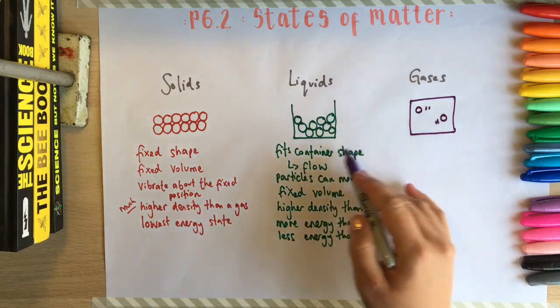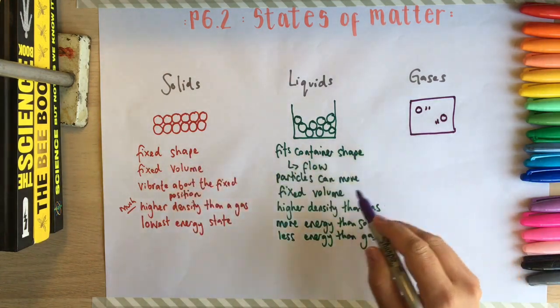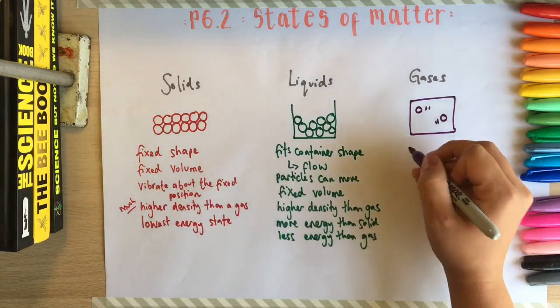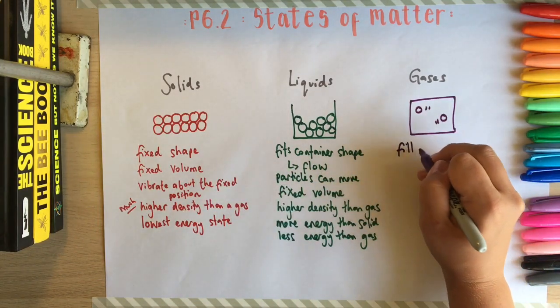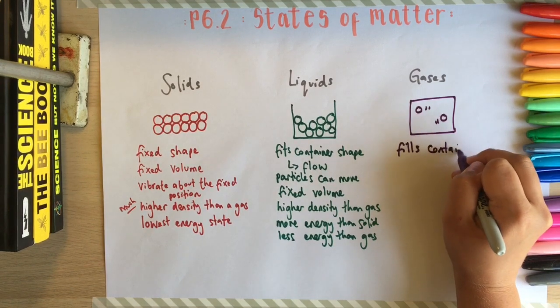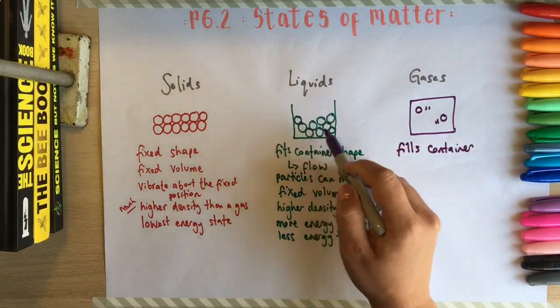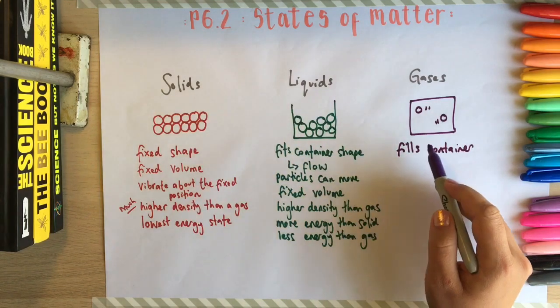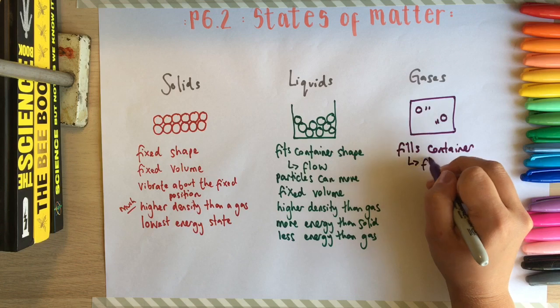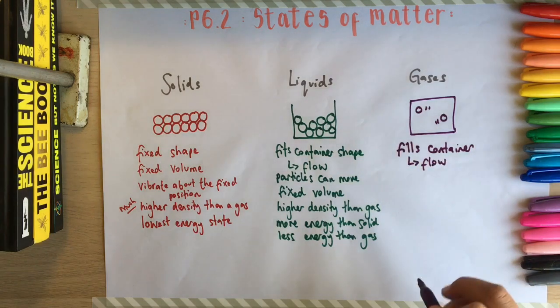So let's continue with the properties that we've talked about with solids and liquids. In terms of the shape, it fills the container. Like with a liquid, it will take the shape of the container, but a gas will spread out and fill the container. And we can also say that it flows.